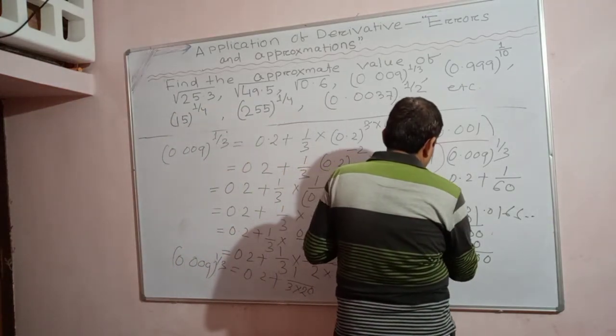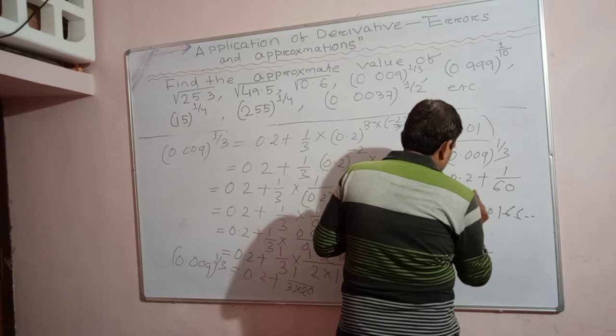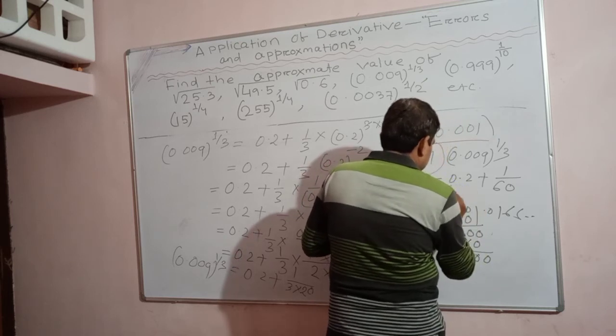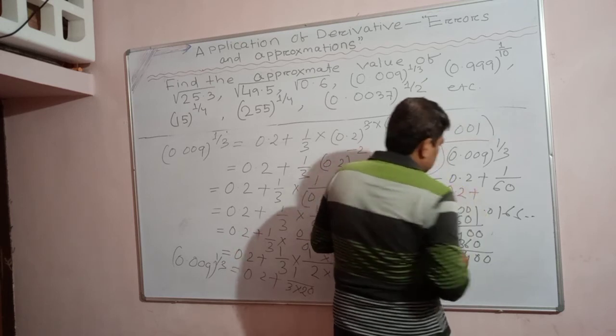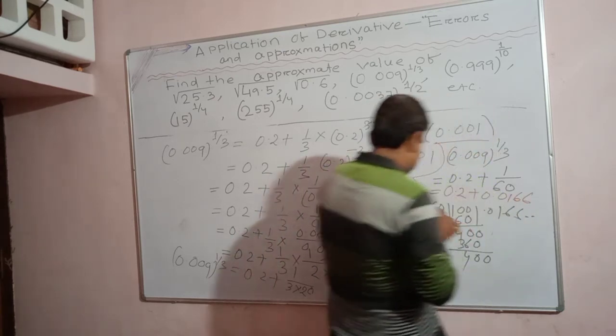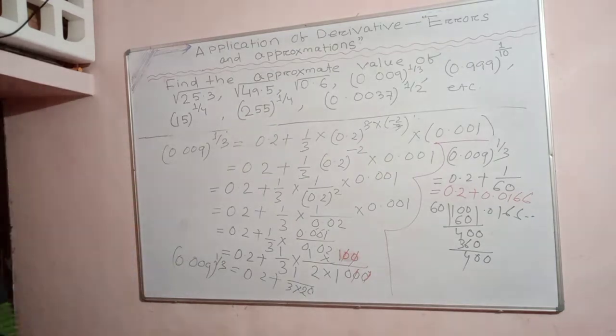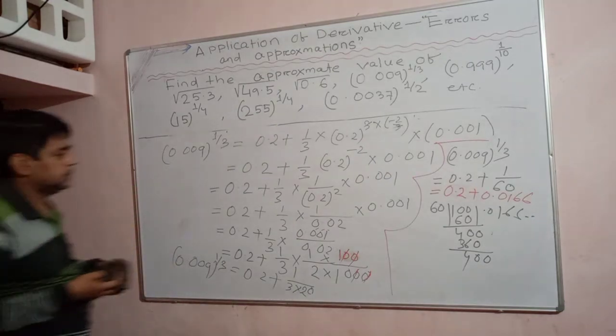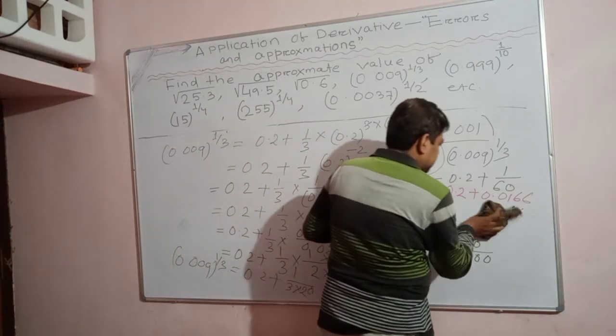So write down this value. This is equal to 0.2 plus, so 1 by 60 is equal to 0.0166. Okay, so check your calculation. If there is any mistake, your calculation should be corrected.